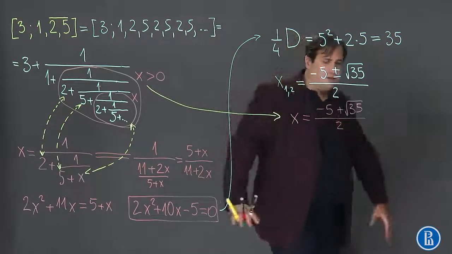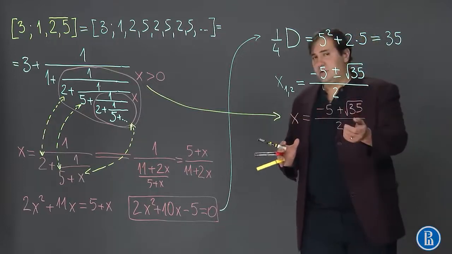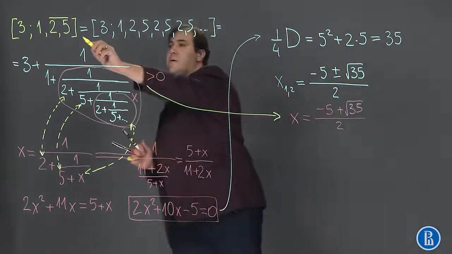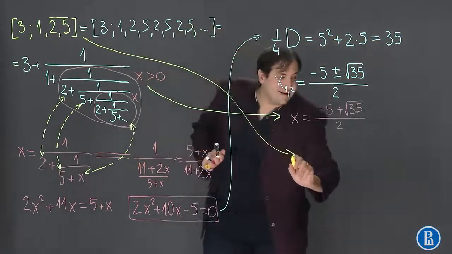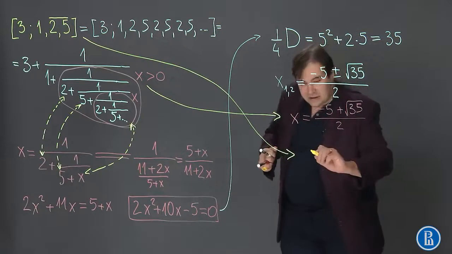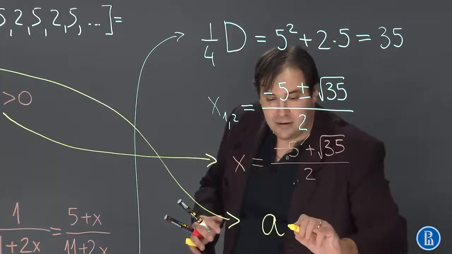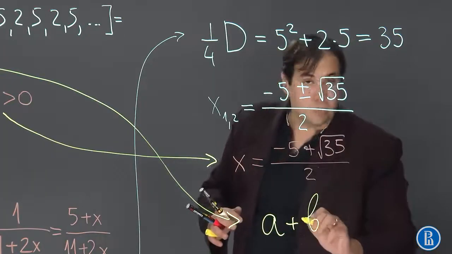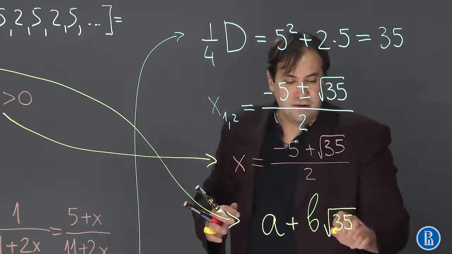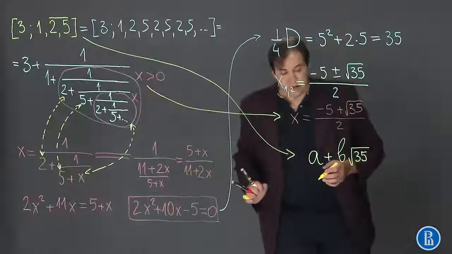What is important to us is that the initial continued fraction will also contain square root of 35, and it will be of the form some rational number, a plus b, also rational number, multiplied by square root of 35. And 35 is some natural number that occurred when we solved this quadratic equation.